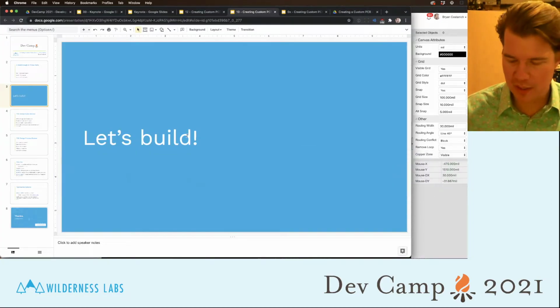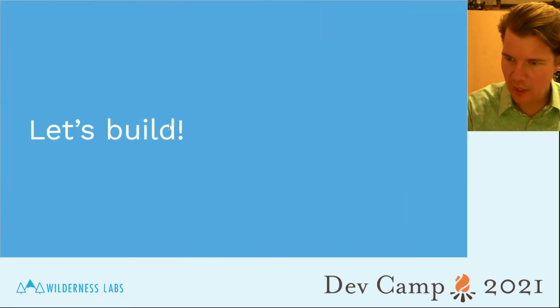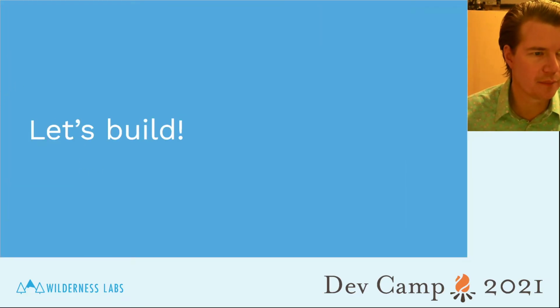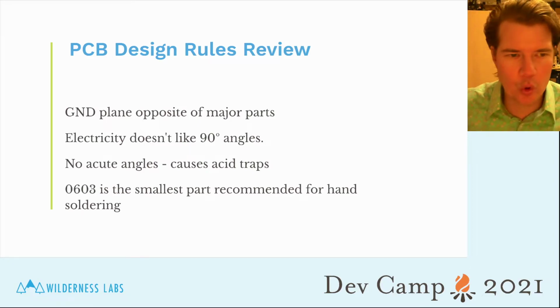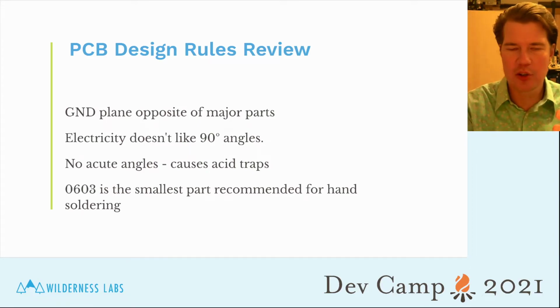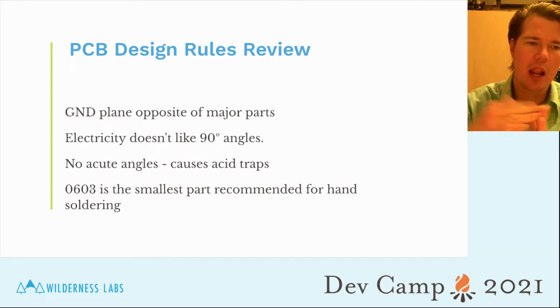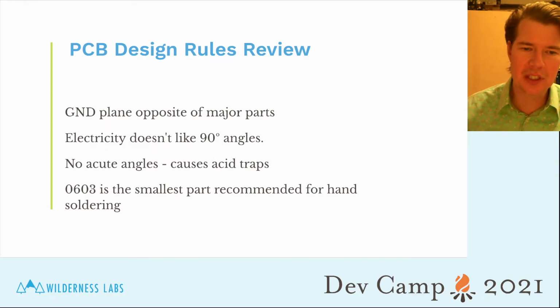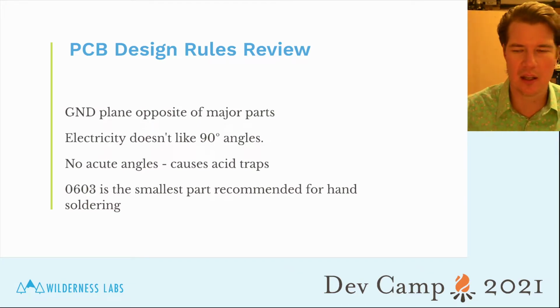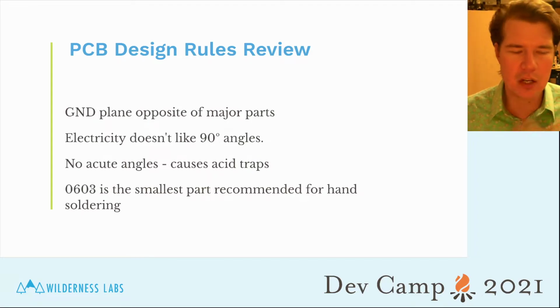So switch back over to the deck. And we're going to talk through a couple more things. So in review, in terms of the rules, ground plane opposite of major parts. Remember, no 90-degree angles, no acute angles for acid traps. And 0603 is really the smallest part I recommend placing, because otherwise they're too small and it's just a nightmare for assembly at home.